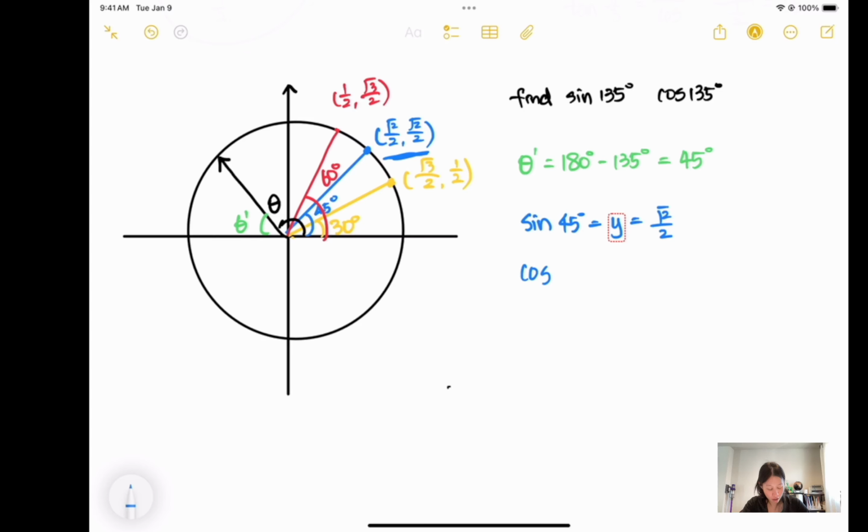Since sine refers to the y coordinate, this is positive, so these would be the same. But the cosine is going to be negative, because the x coordinate in the second quadrant is a negative number. So cosine 135 degrees is equal to the negative of the reference value, which is negative square root of 2 over 2. So that's the answer.